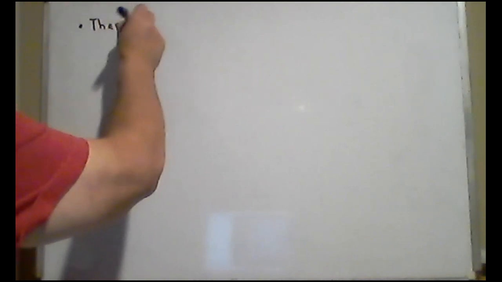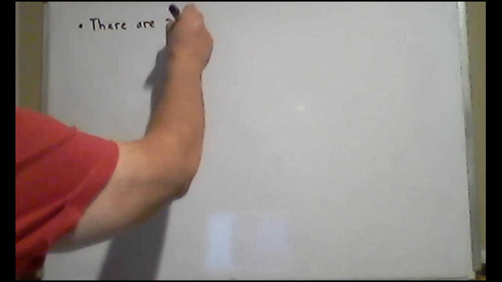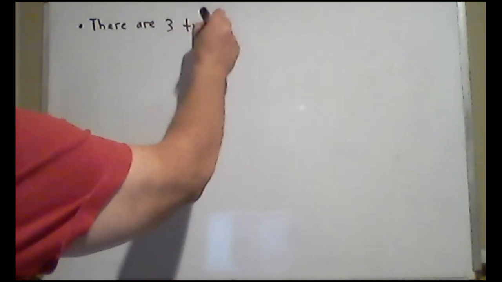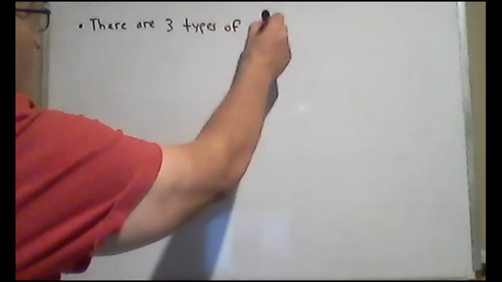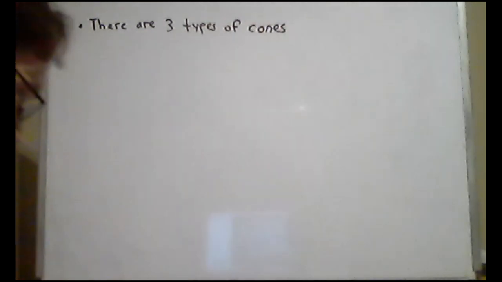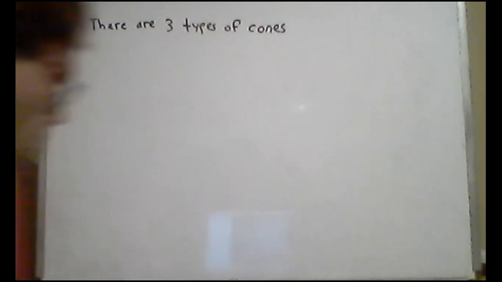And I believe they're named this way for the shape they take if you look at them. There are 3 types of cones, and each type is sensitive to a different range of wavelengths.